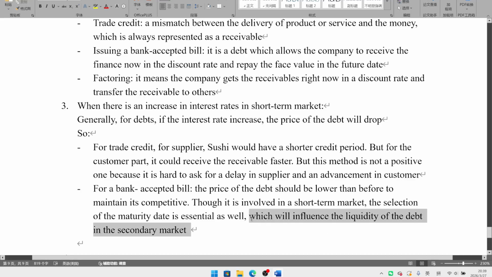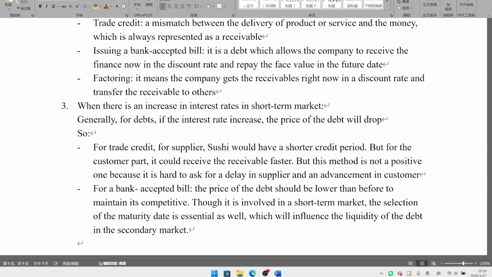Sorry. So what is a bank accepted bill? Is it non-tradable or tradable? Sorry, wait a minute.